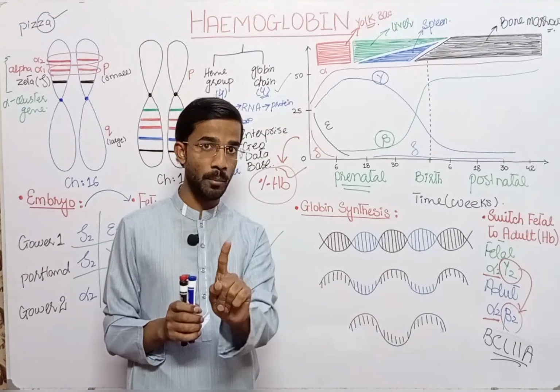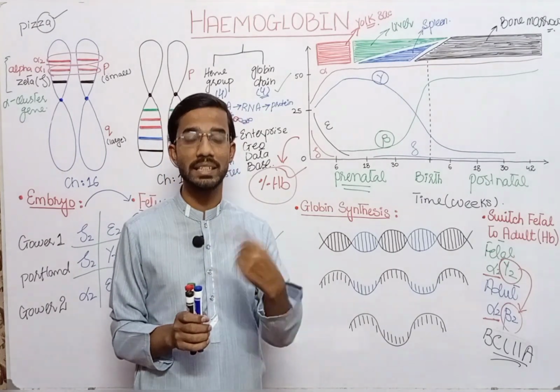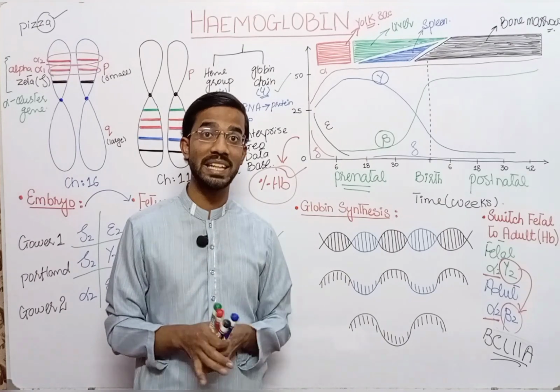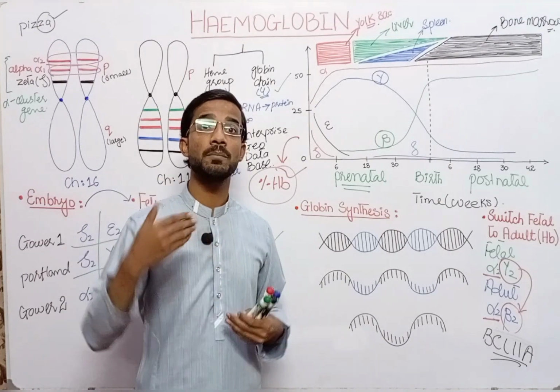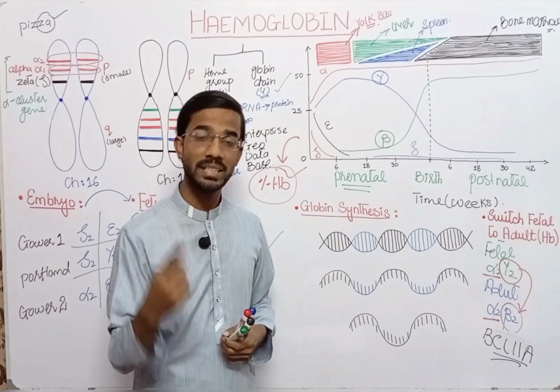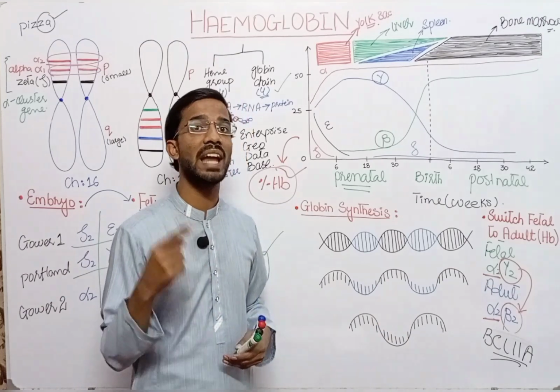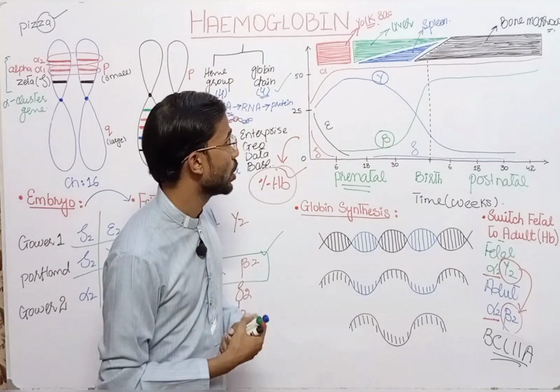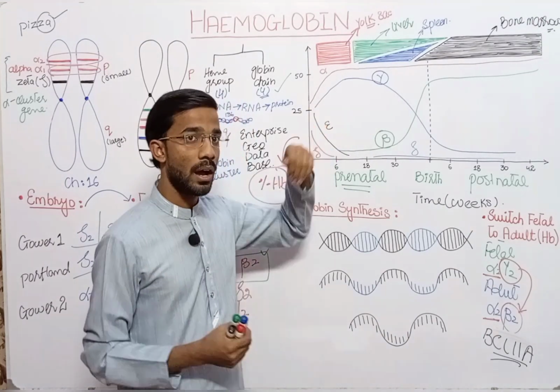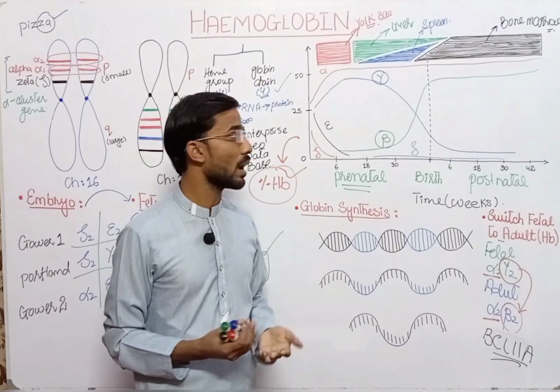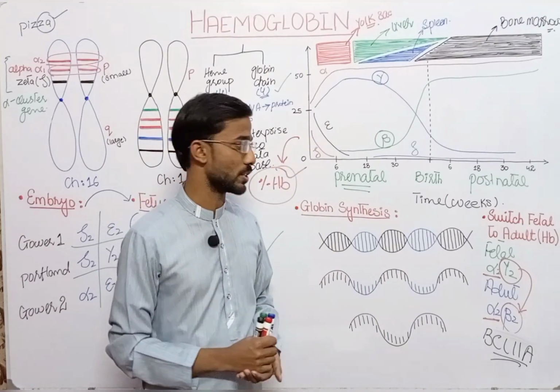If it occurs in the bone marrow, it is called medullary hemopoiesis. But if it occurs in the liver and spleen of an adult person, this is an abnormal situation, and it is called extramedullary hemopoiesis. So this is what organs are involved in hemopoiesis.